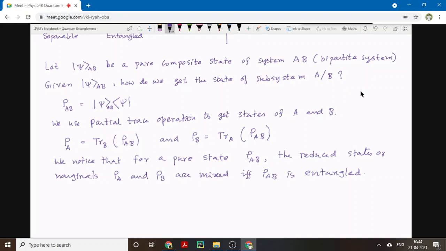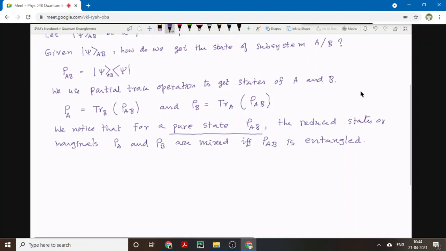Okay, but remember this is true only for the pure state. We notice that for a pure state rho AB, the reduced states or marginals rho A and rho B are mixed if and only if rho AB is entangled.